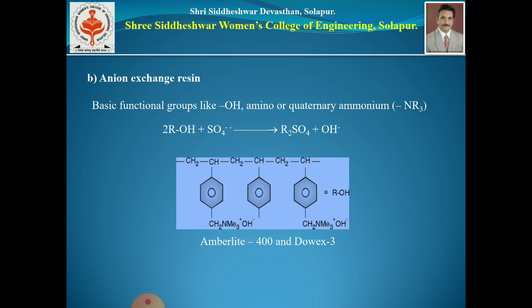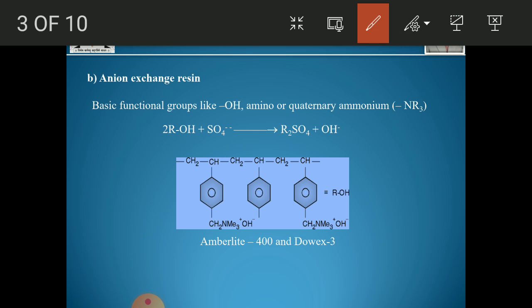If you take an example, general formula ROH, which contains OH as a basic functional group, and the anion of the hardness causing salt, here for example SO4 2-, gets replaced with OH- of the anion exchange resin, and we get R2SO4, meaning the anion part gets removed from the water.